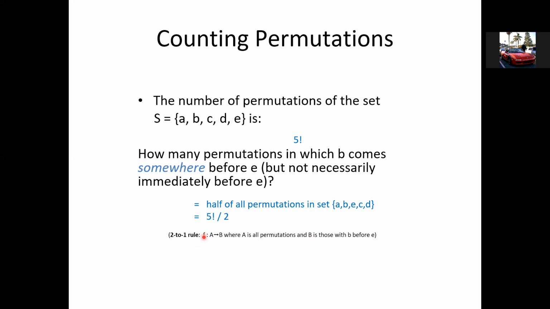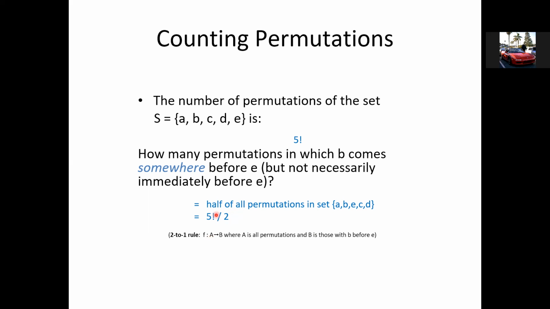That's a function. It took an arbitrary permutation and spat out a B first type of permutation, right? And it's a 2-to-1 function because there are two ways to get to any permutation. The same permutation gets mapped without changes, and also the permutation where B and E were switched also got mapped to that permutation in the B first set. So it's a 2-to-1 function.